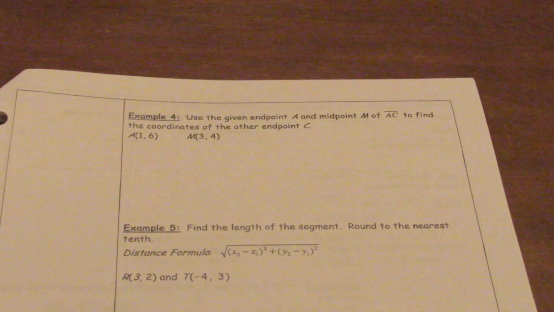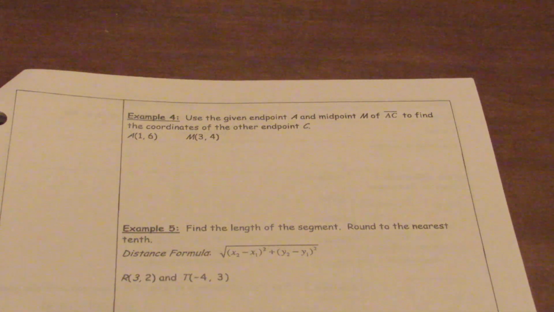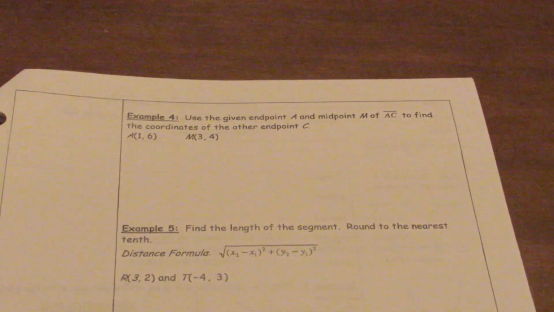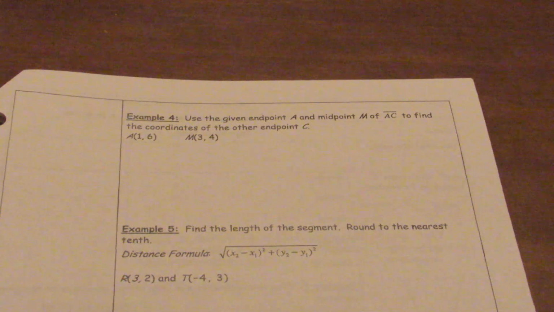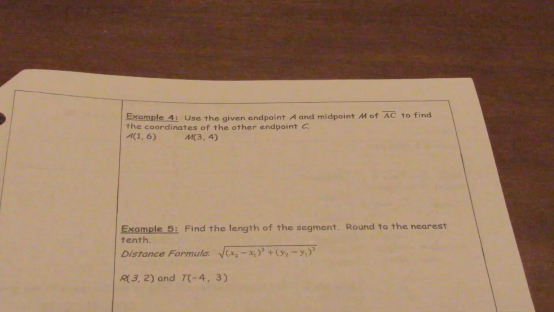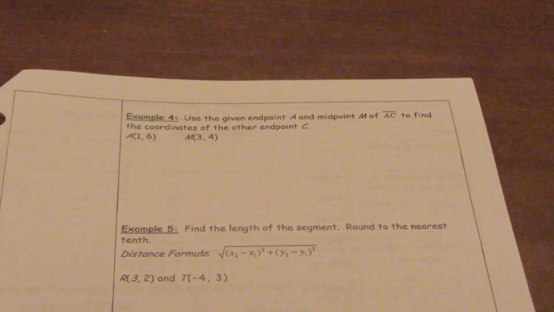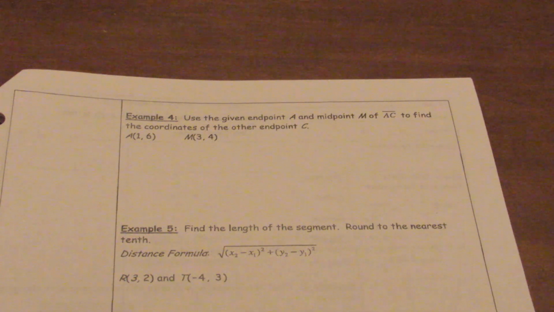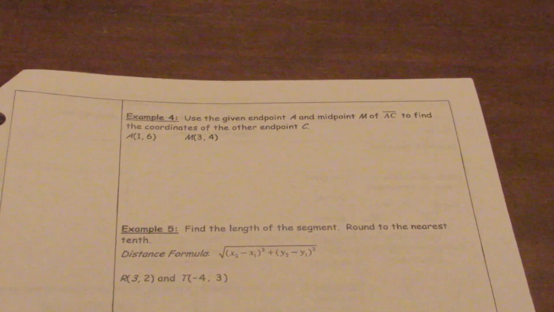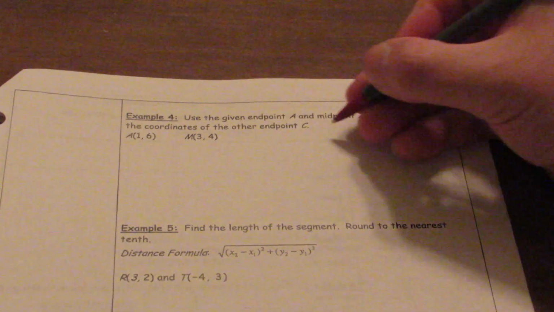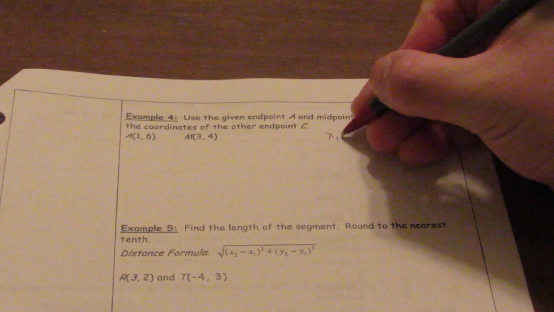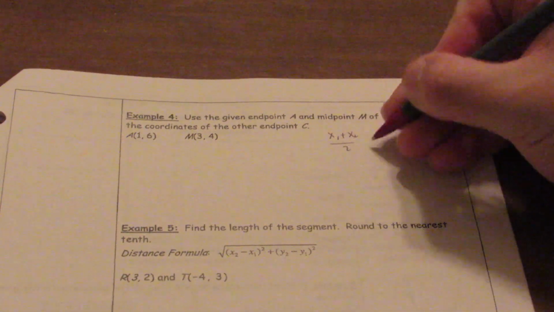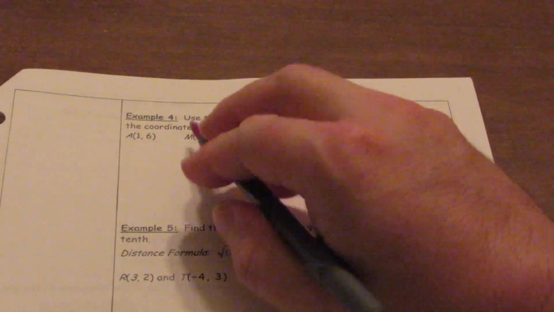Then turning the page, example 4. Use the given endpoint of A and the midpoint M of AC to find the coordinates of the endpoint. If you're setting this up from the equation, your x1 plus x2 over 2 is equal to this.